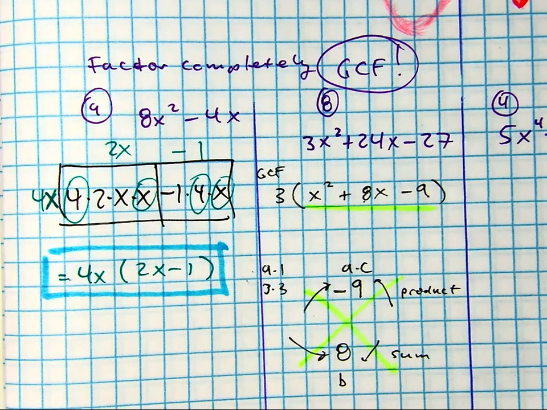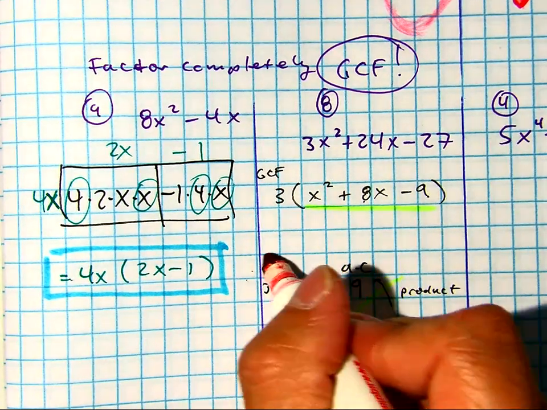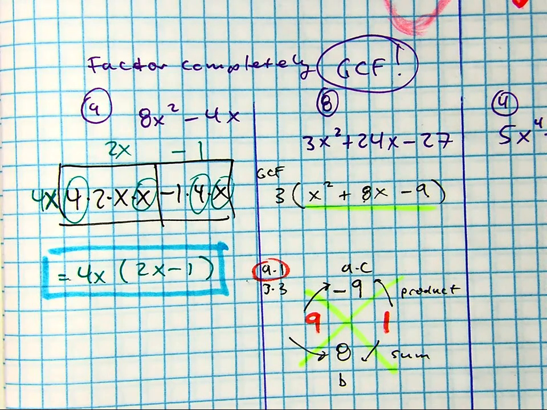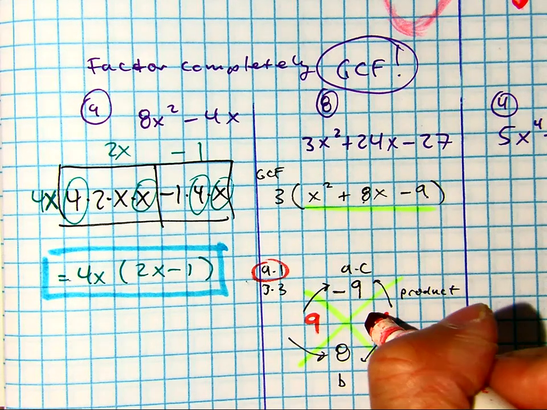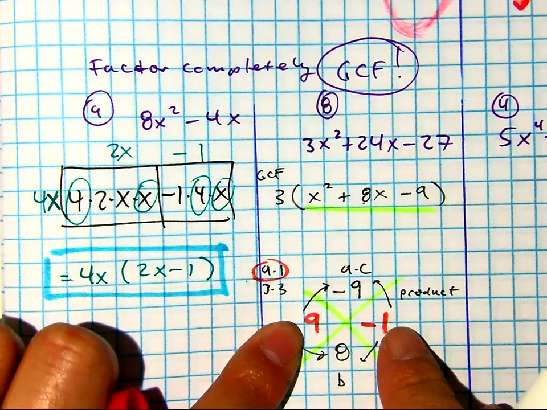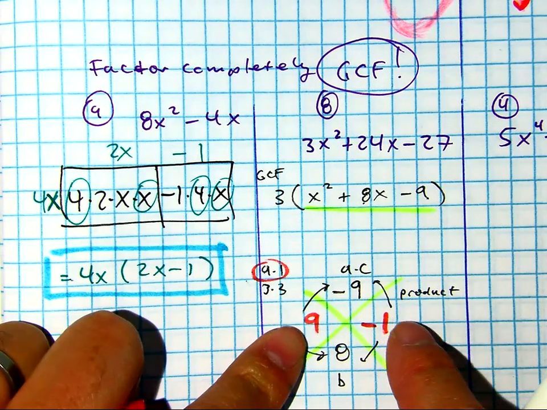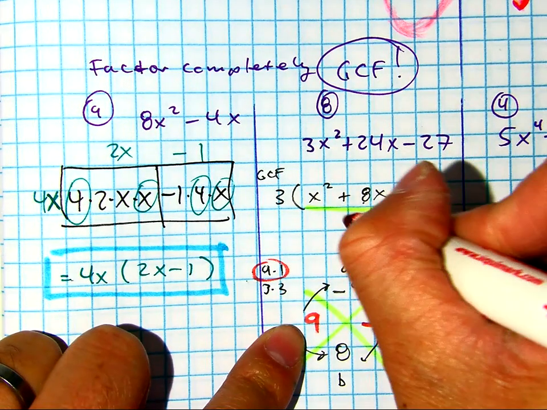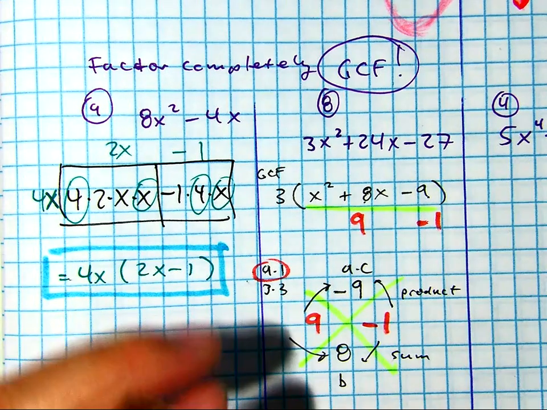Some of you guys already said it was 9 and 1. But now I have to think about positives and negatives. Is there going to be any negative? Negative 1. 9 times negative 1 equals negative 9. 9 plus negative 1 equals positive 8. 9 and negative 1 become my binomials.